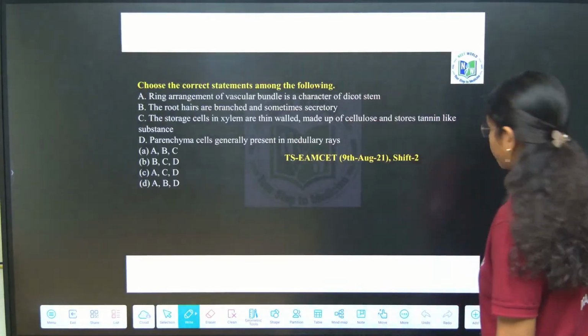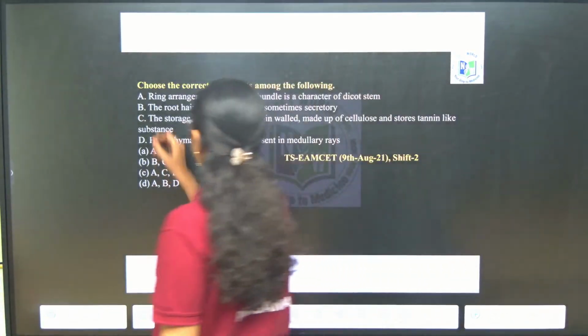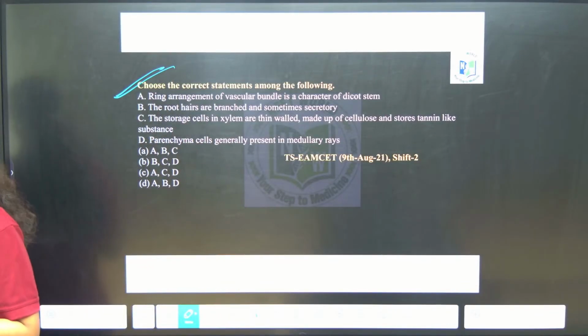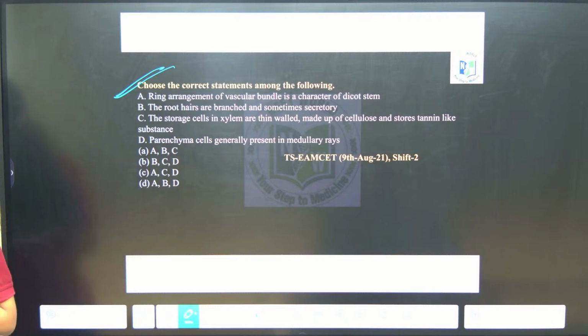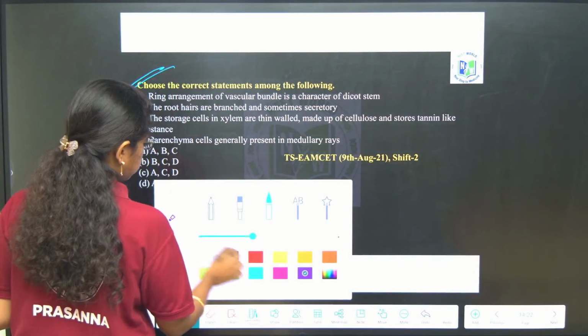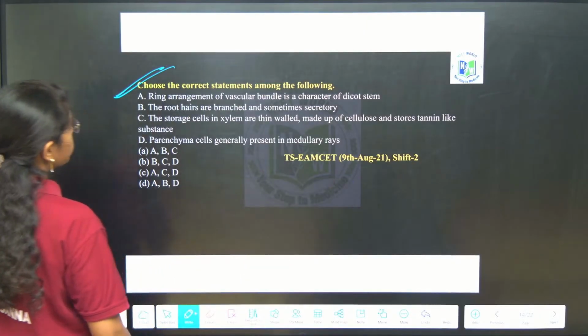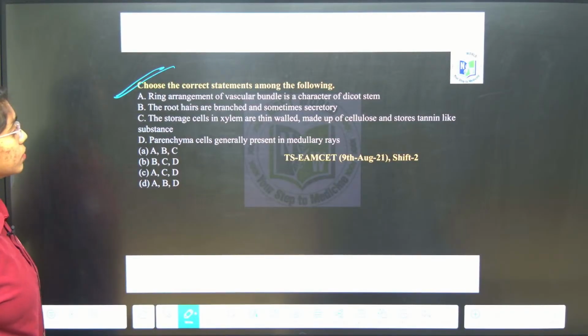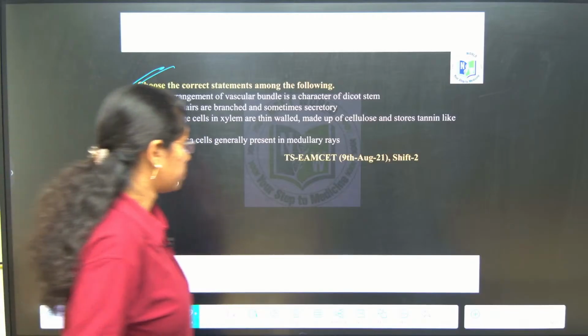And next, 14th question, correct statements among them. Correct statements we need to identify. Ring arrangement of vascular bundles is character of dicot stem.